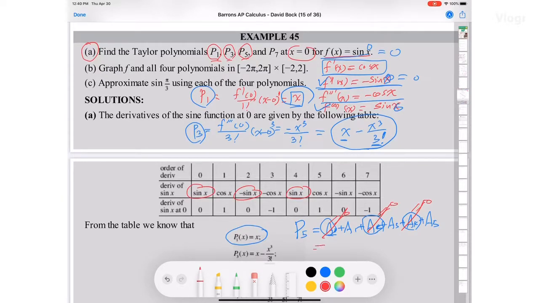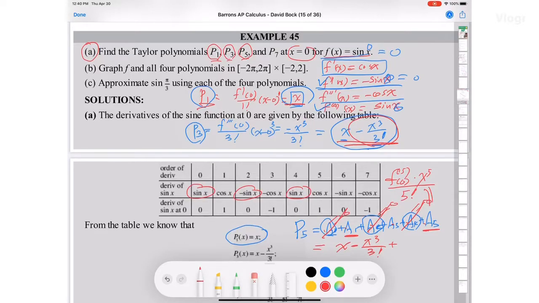That is equal to, for A1, x. I already found it. P1 was x, P3 was this. That means the third term is negative x cubed over 3 factorial. And then the sixth term, A5, is equal to the fifth derivative of 0 times x to the 5th power over 5 factorial.